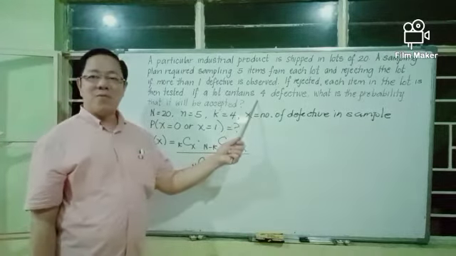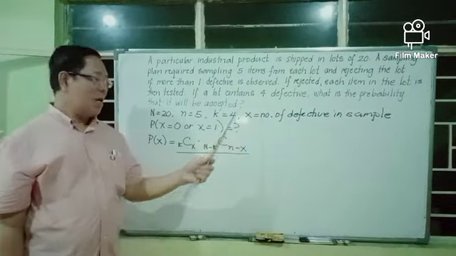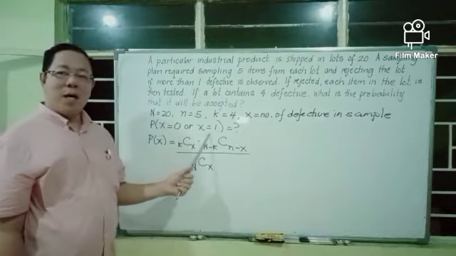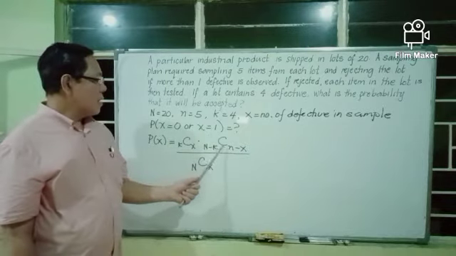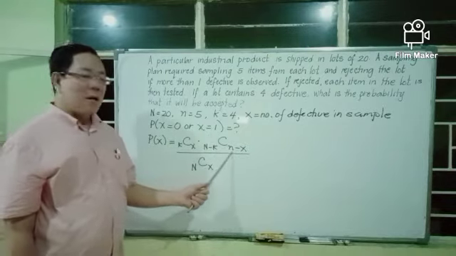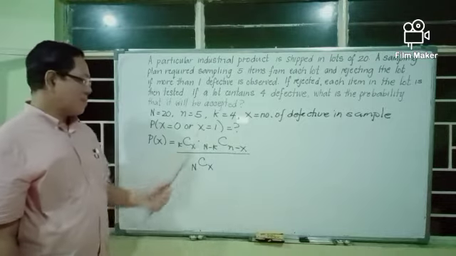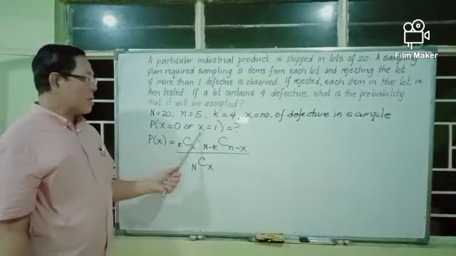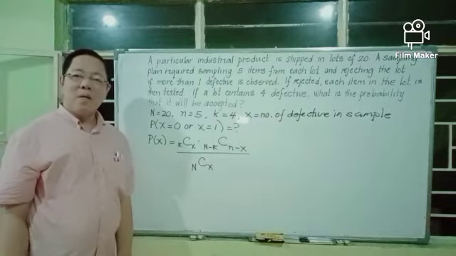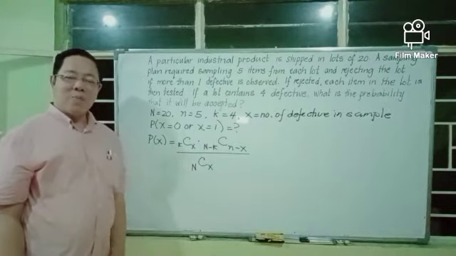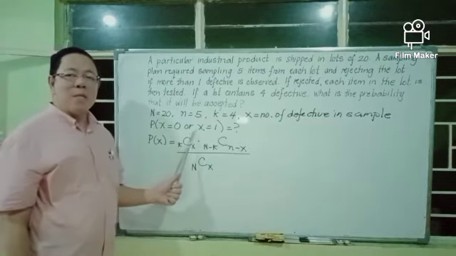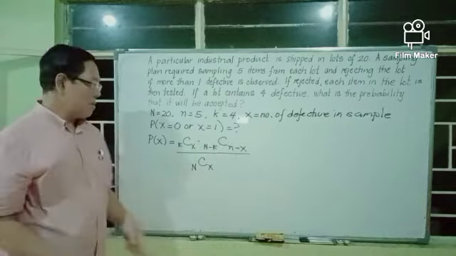We are given 4 defective items in the lot, and x here is 0 and 1, and small n, the sample, is 5. The probability that x equals 0 or x equals 1 by addition property of probability is equal to probability of x is 0 plus the probability of x is 1.